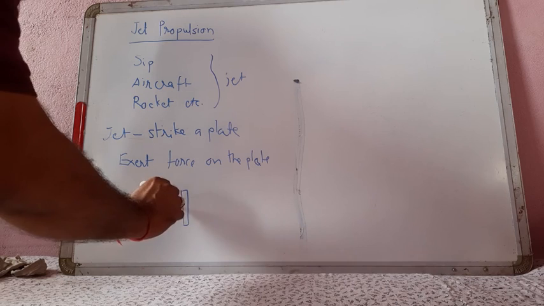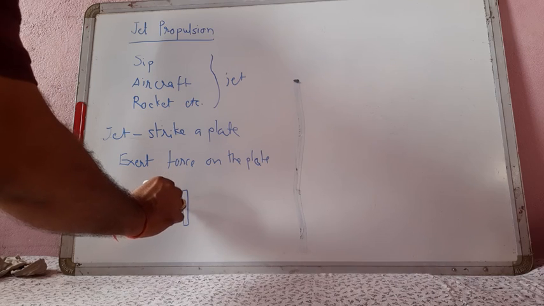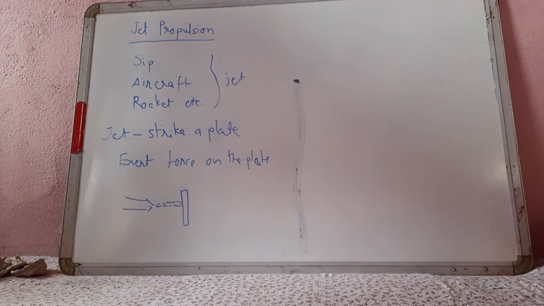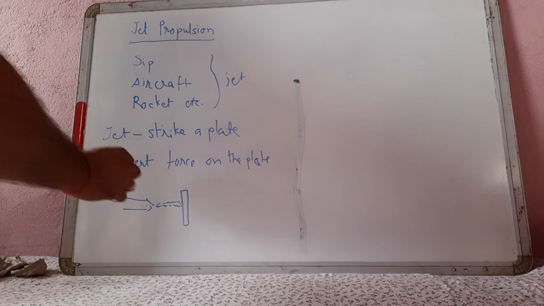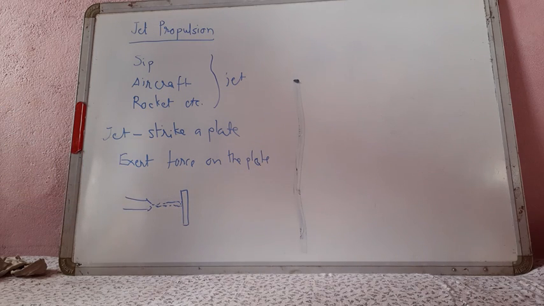What we have discussed in our earlier classes is that if a jet is coming out and striking the plate, it exerts a force on the plate, and a similar force will also be exerted in this nozzle.